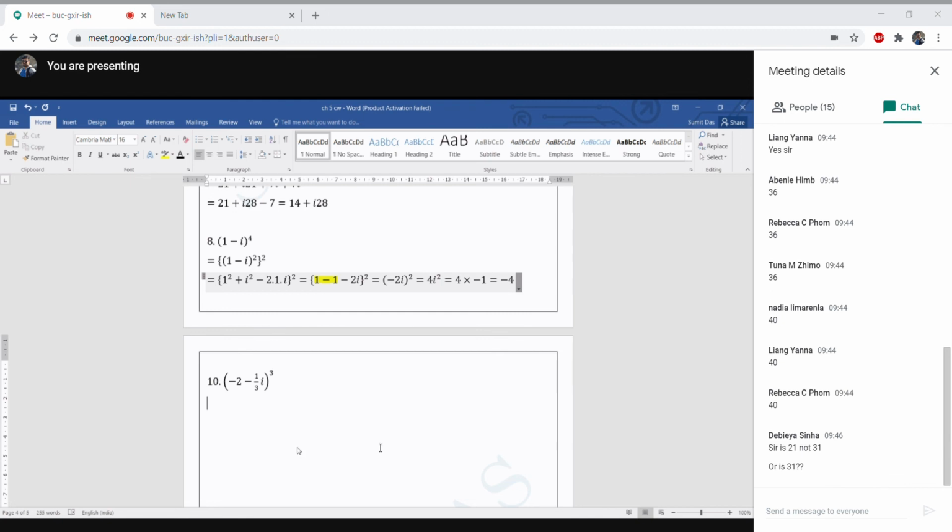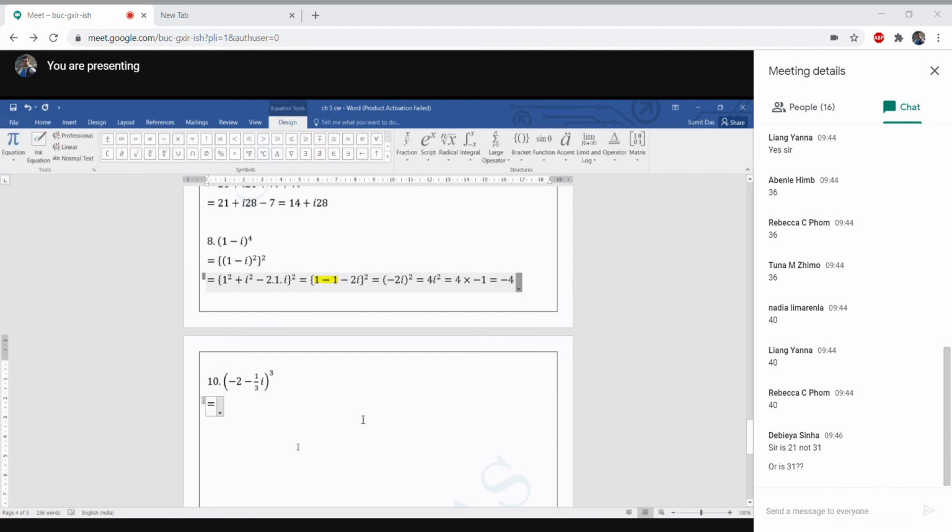So here you can see what we will use. We'll use the (a minus b) whole cube formula, right? What is a here? Minus 2. And what is b here? 1 by 3i. Okay, don't forget.